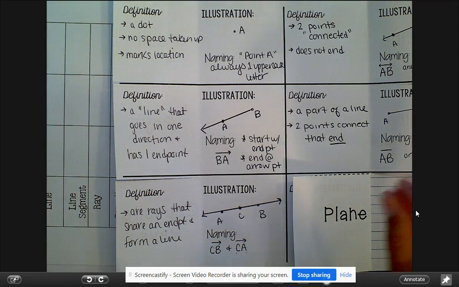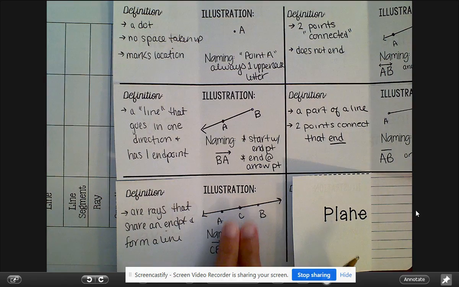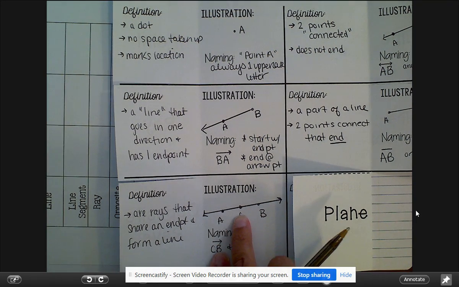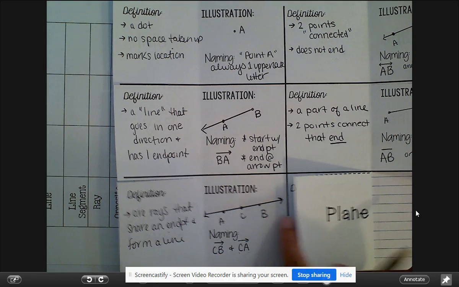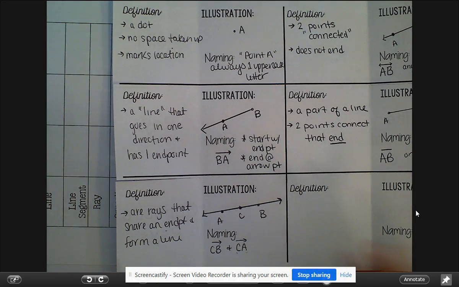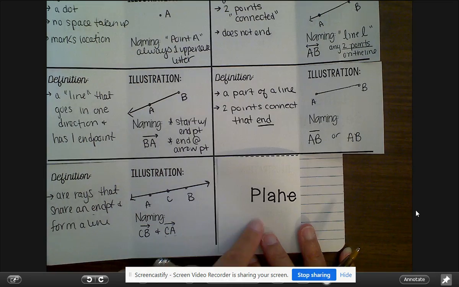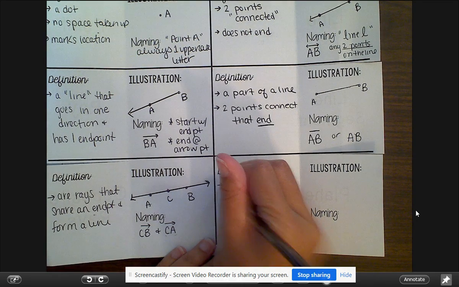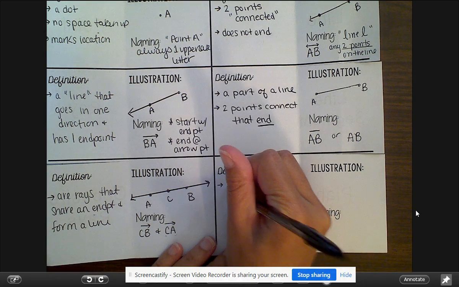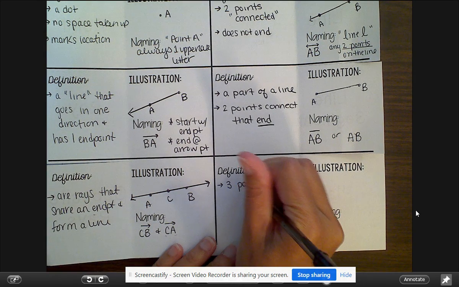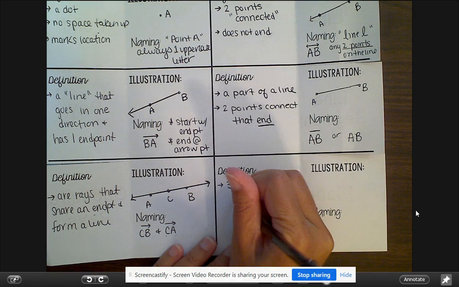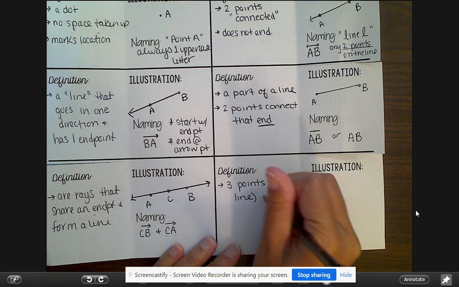Now, when I have 3 points, sometimes I can get these opposite rays. But if that third point wasn't on the line, then what I get is called a plane. So the last thing we have is a plane. The definition of a plane is when I have 3 points not on a line, connected.